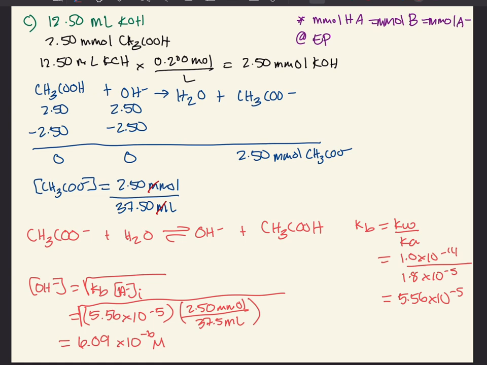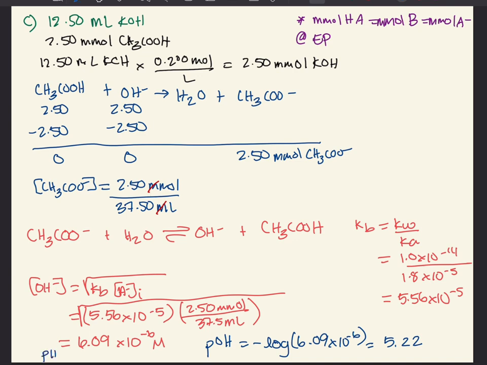Now I can use these values to calculate the pOH. pOH, if you recall, is the negative log of the concentration of hydroxide. And that is going to give me 5.22. Now, in order to get the pH, I'm just going to subtract my pOH from 14.